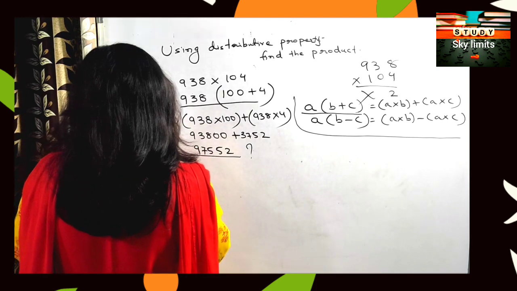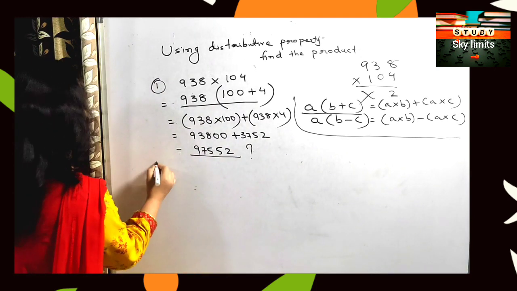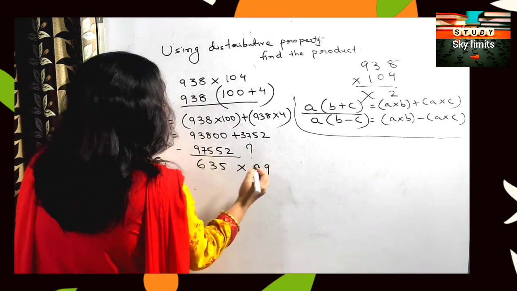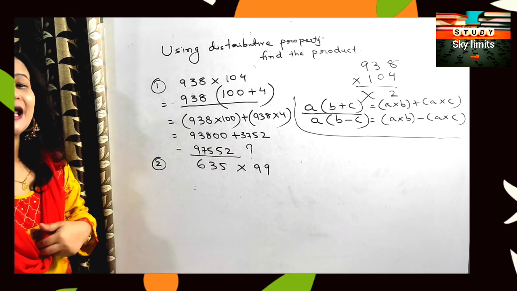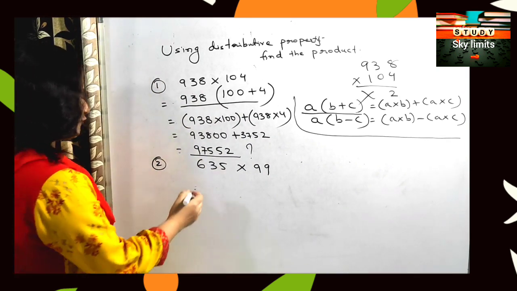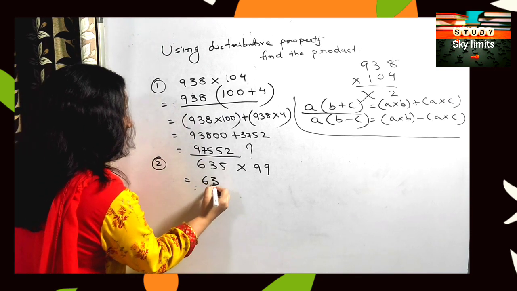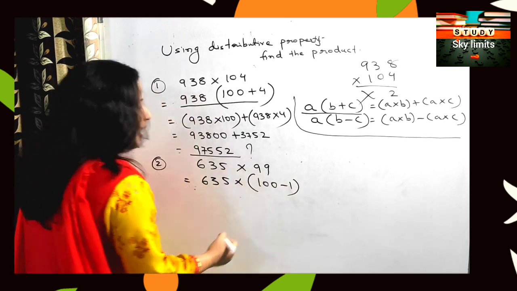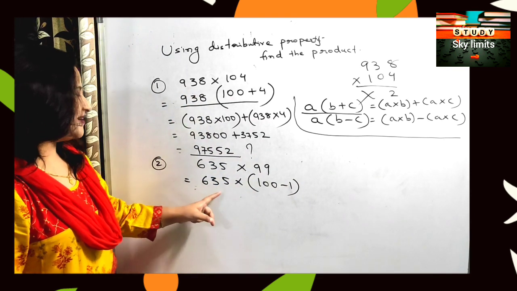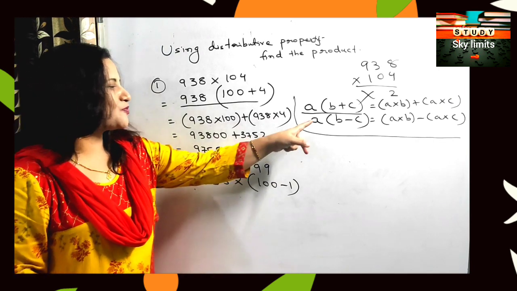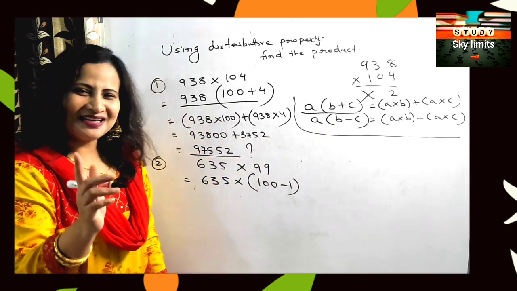Suppose we have a question like 635 multiplied by 99, and you're asked to use the same distributive property for multiplication. So what will you do here? In this case, it is easy for me if I write 99 as 100 minus 1. Here I will be using the distributive property of multiplication over subtraction.